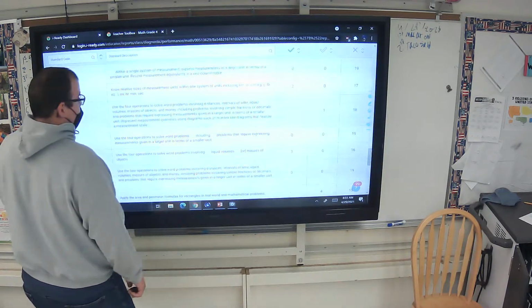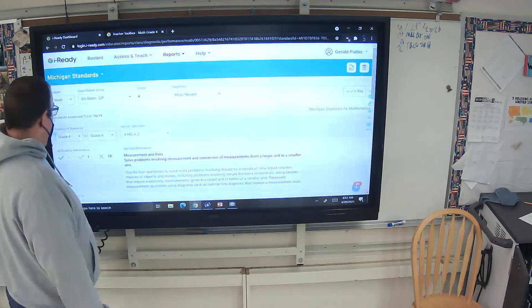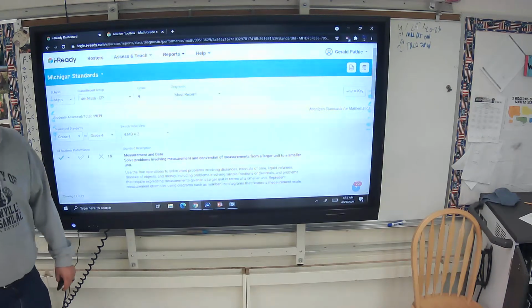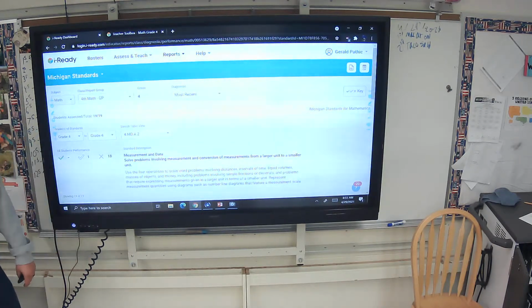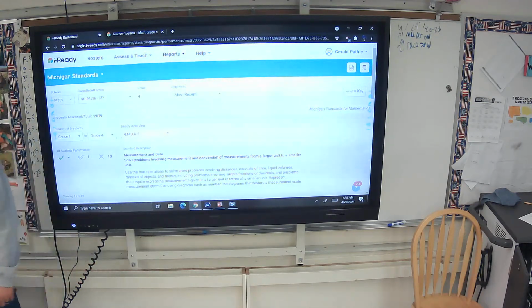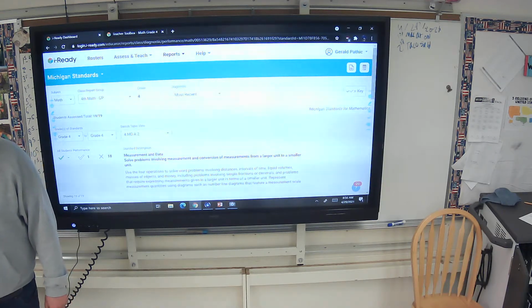Here it is, 4 MDA. Here's our standard. So, we had a whopping 0 green check marks. We had 1 clear check mark and 18 X's, which means did not get it. So only one of you kind of got it.